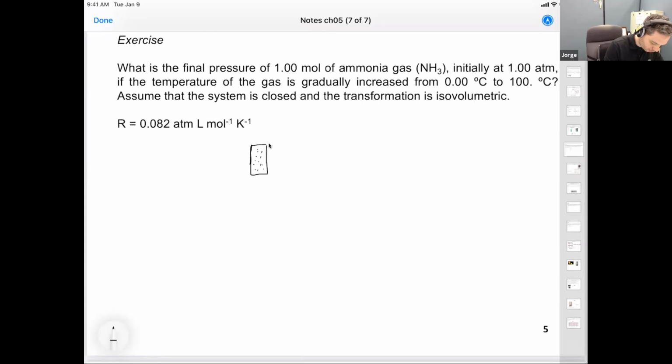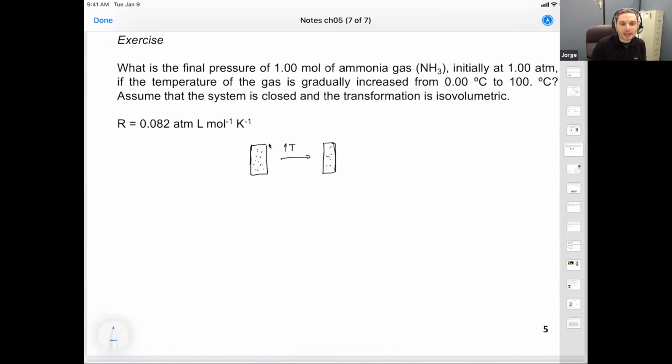What we are going to do with this system is increase the temperature of the system and move this system to a final state where the temperature now is higher. So let's think about the system first before we start doing any kind of calculations.